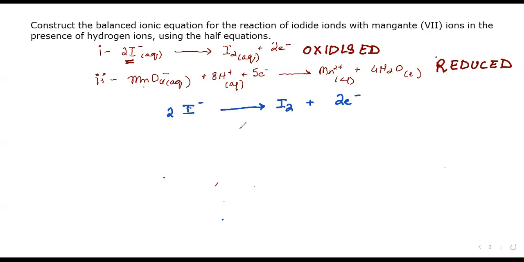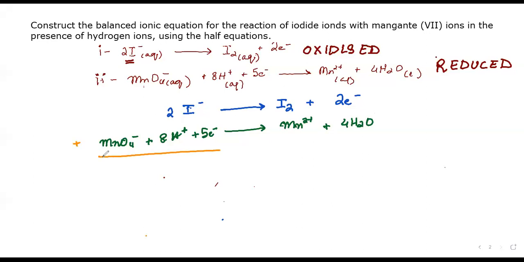So over here on the left-hand side, I have MnO4 minus plus 8H plus 5 electrons, and on the right-hand side, I have Mn2 plus 4H2O. And if I add them up, let's see what answer I get.